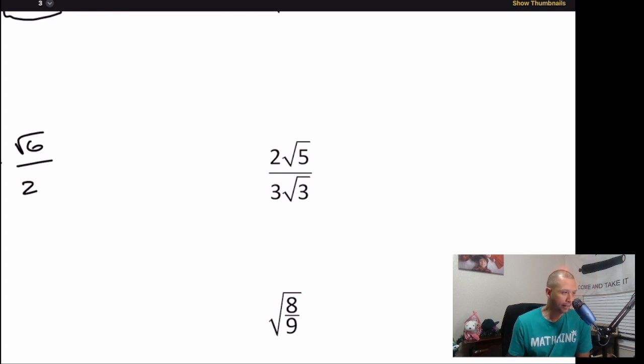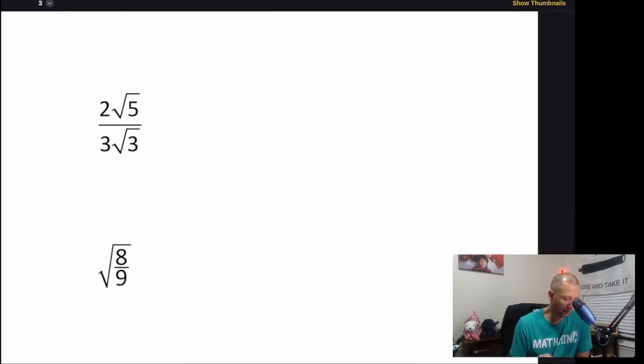All right. For this guy here, 2 root 5 over 3 root 3. We don't want square roots in the bottom. So we could multiply this by 3 root 3 because that's what's in the denominator. But if we multiply by just root 3, this will work also. Because once these two crash, it'll just be 3.